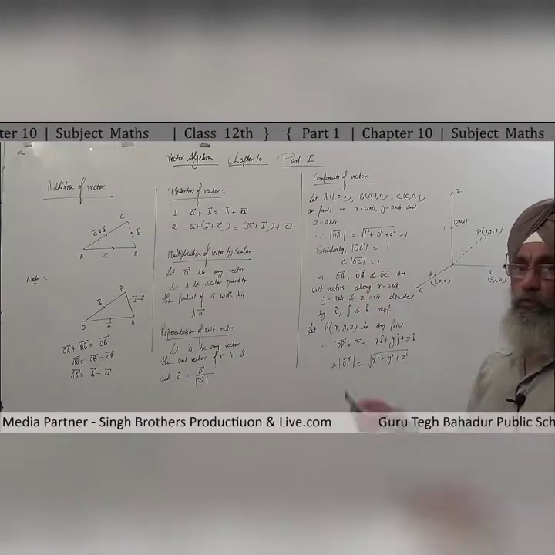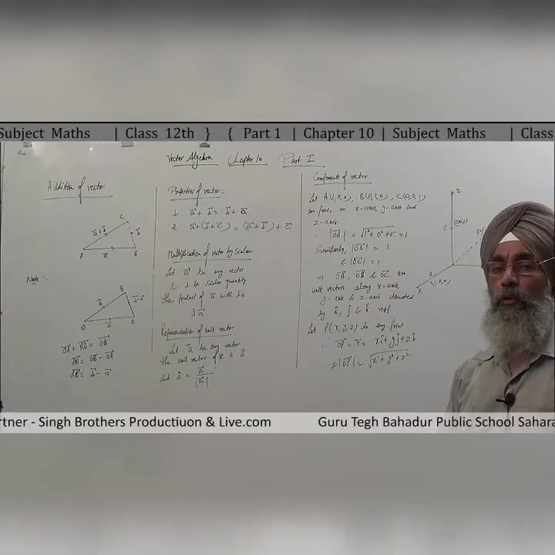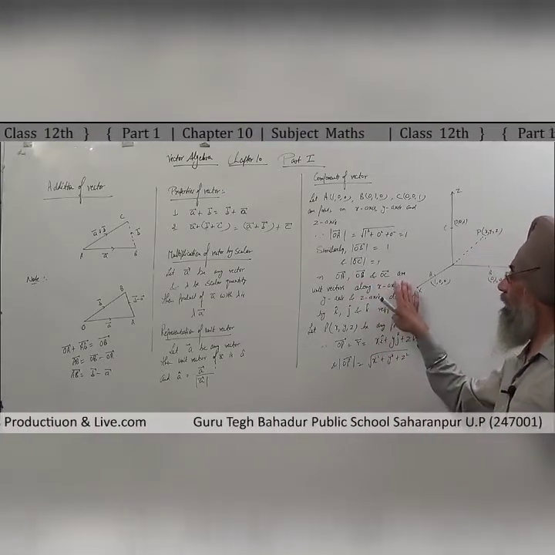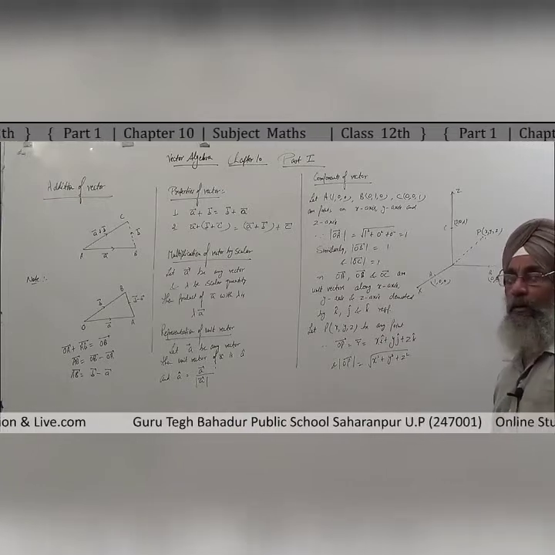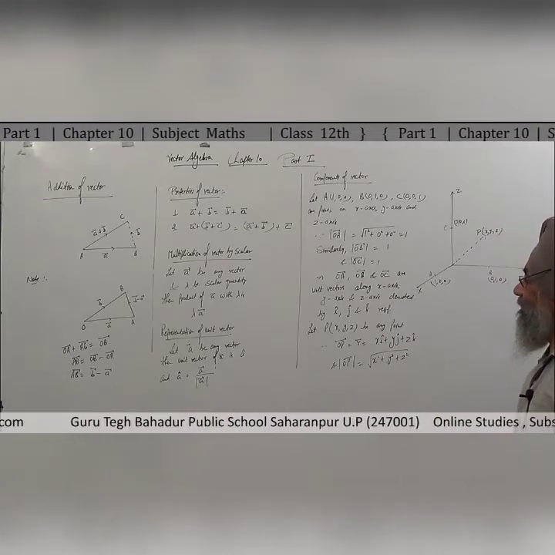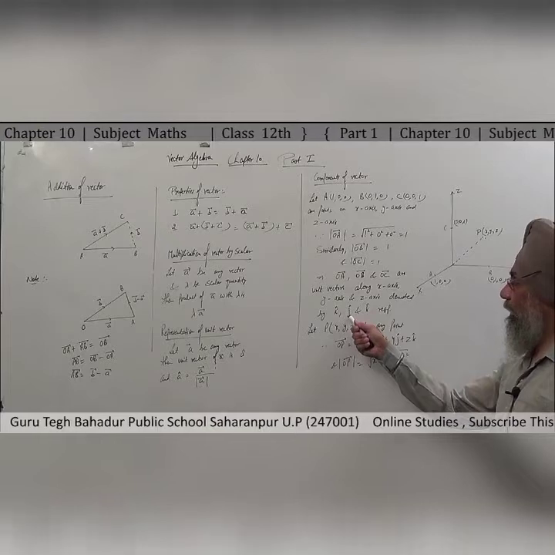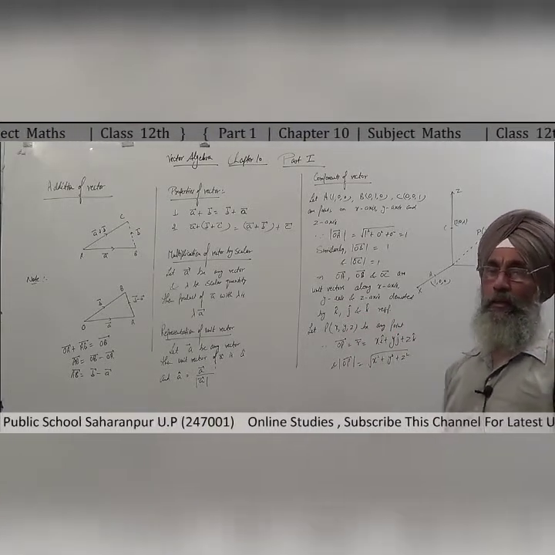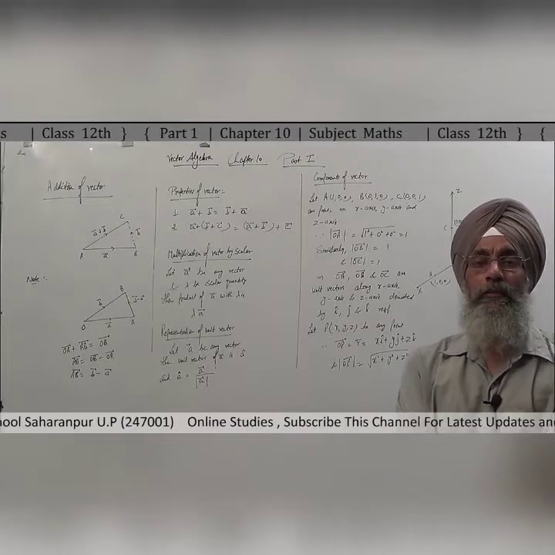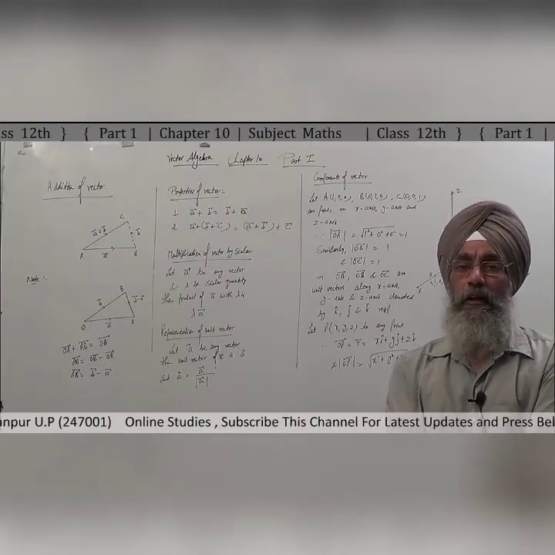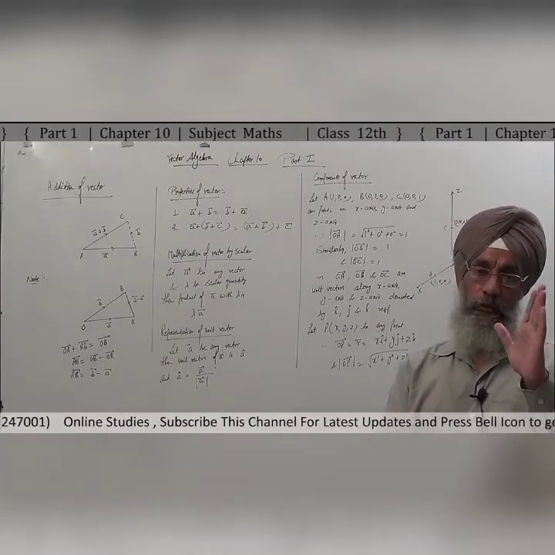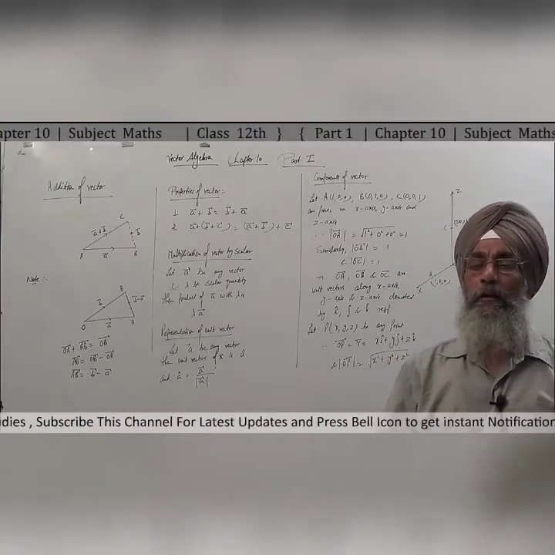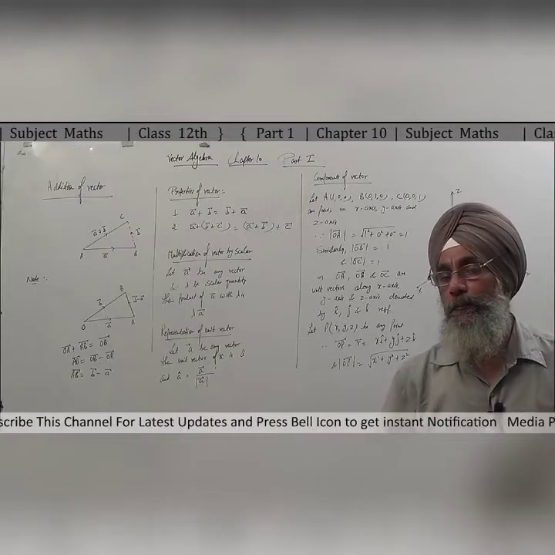The vector whose magnitude is 1 is known as the unit vector. So we can say that OA, OB, OC are the unit vectors along the x-axis, y-axis, and z-axis, denoted by i, j and k with a cap sign respectively. So we are representing the unit vector along the x-axis by i cap, along the y-axis by j cap, and along the z-axis by k cap.